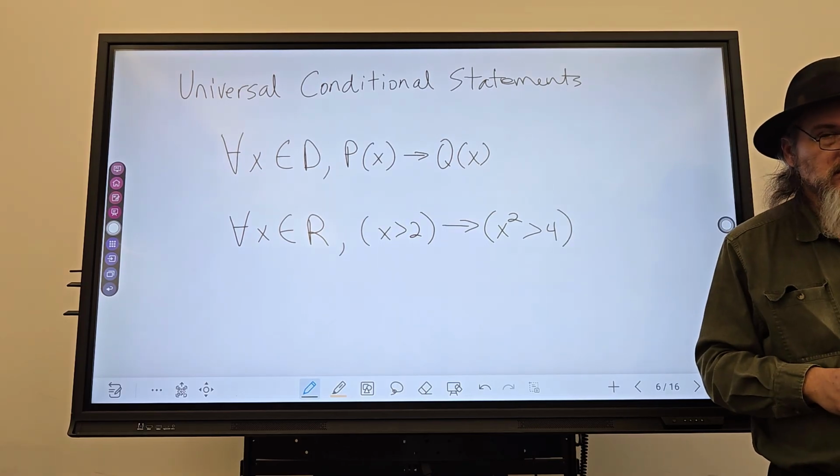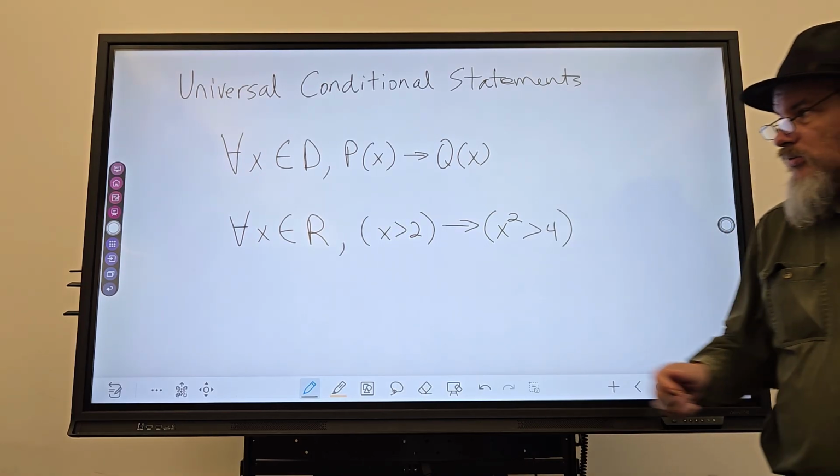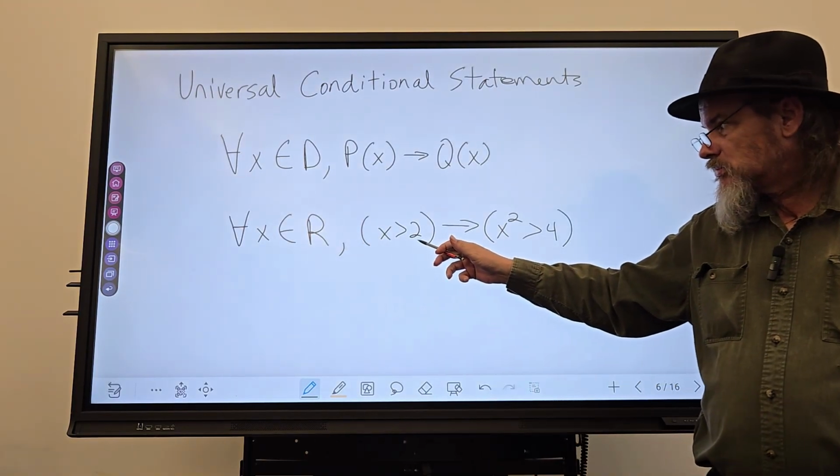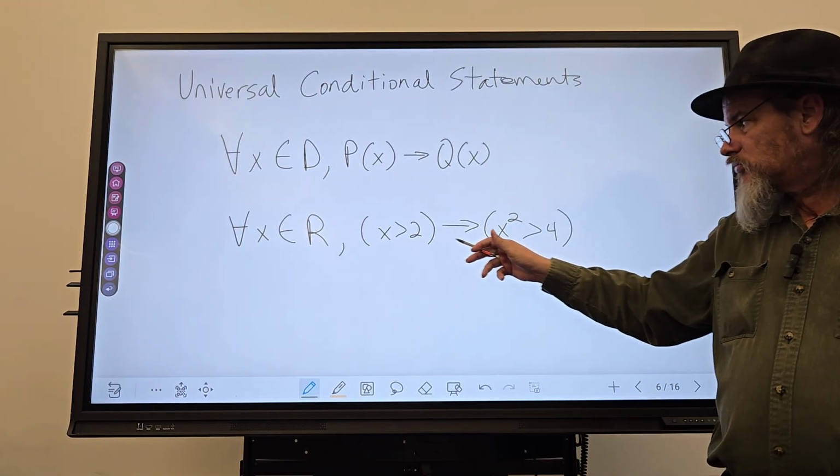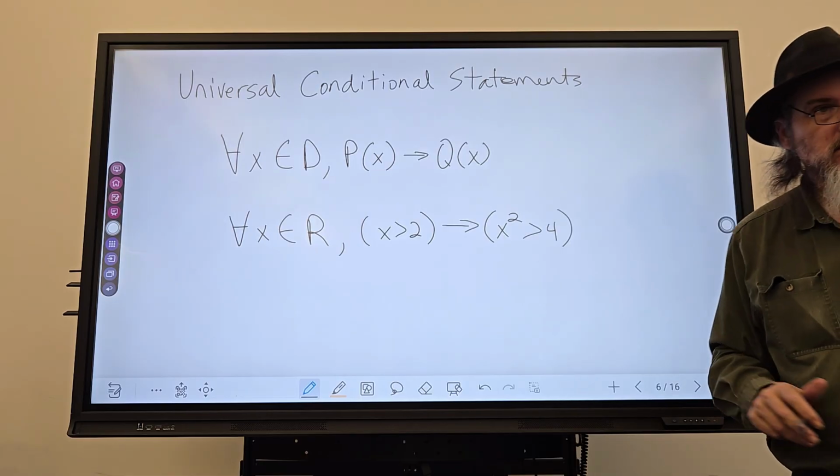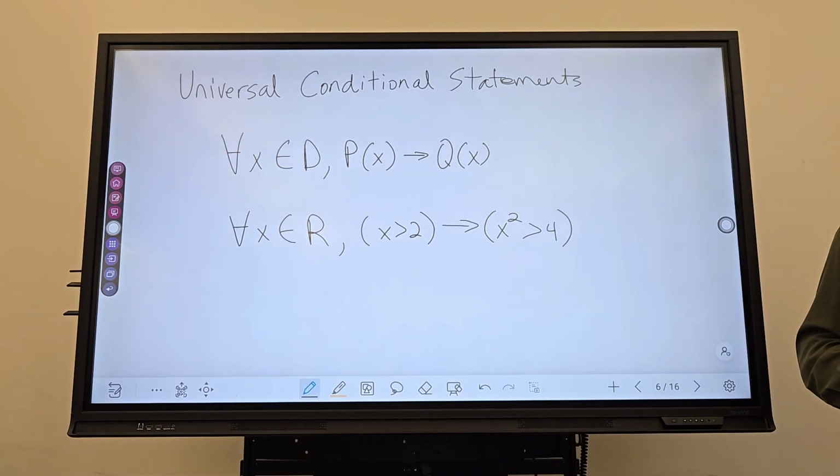But yeah, for all real numbers, if the number is greater than 2, then its square is greater than 4.